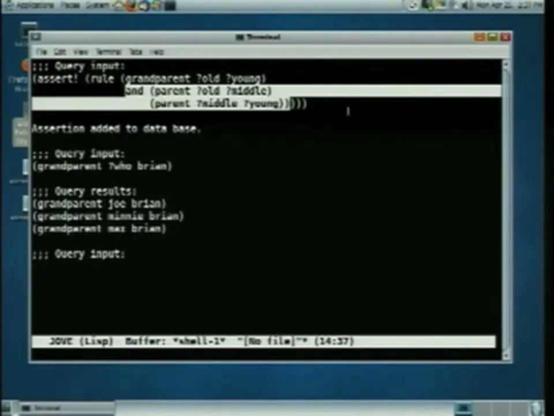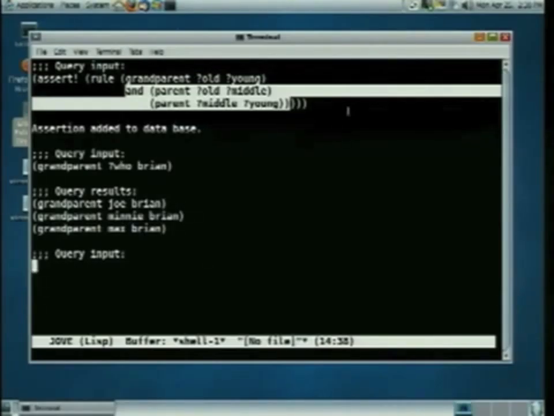The environments are a little different in details, but to a first approximation, it's the same idea. So when we matched my query, grandparent ?who Brian, against the conclusion of the rule, we came up with some constraints on these variables. So ?who has to be the same as ?old. We don't know who it is yet, but whoever it is, they both have to be the same. And ?young has to be Brian.